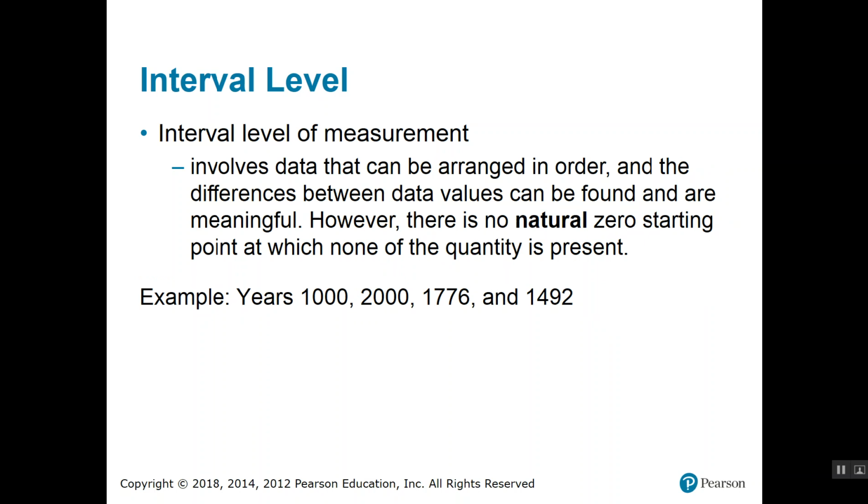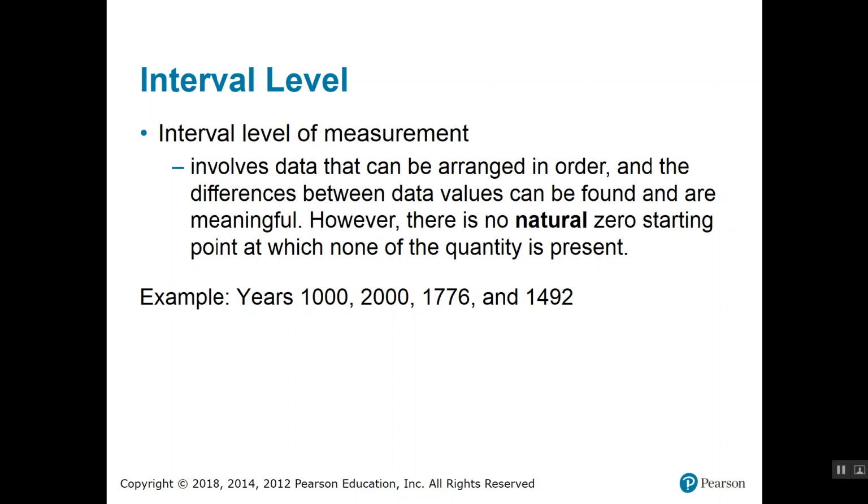Interval. So this is our third type of level of measurement. An interval is where I can actually put them in order and it has some type of meaning. In this example, the years 1,000, 2,000, and so on. Definitely can put that in order. But if I think about the year 0, did we ever have a year 0? And we had BC and now we have AD. So I actually can go on one side of 0 and I can come on the other side of 0. So there is no such thing as what's called a natural 0.